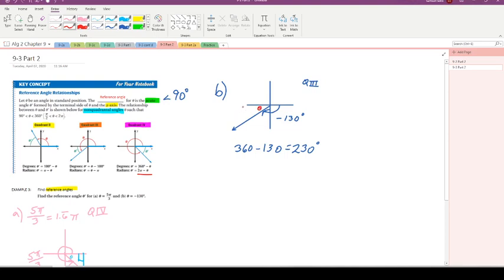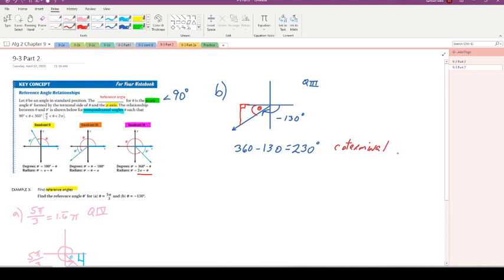I would need to draw my right angle here, go straight down like this, and there is my right triangle. This is the angle that I'm looking for, the reference angle. So I have 230, which is my coterminal angle.